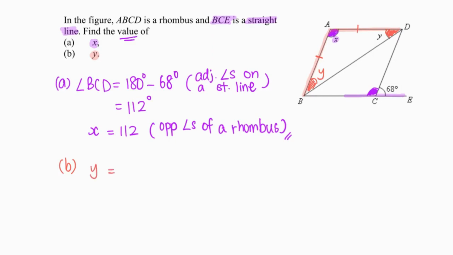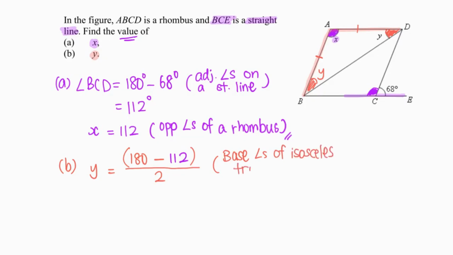So y is equal to 180 degrees minus x, and the whole thing divided by 2, because I'm using the base angles of an isosceles triangle. And this will give me a value of 34 degrees.